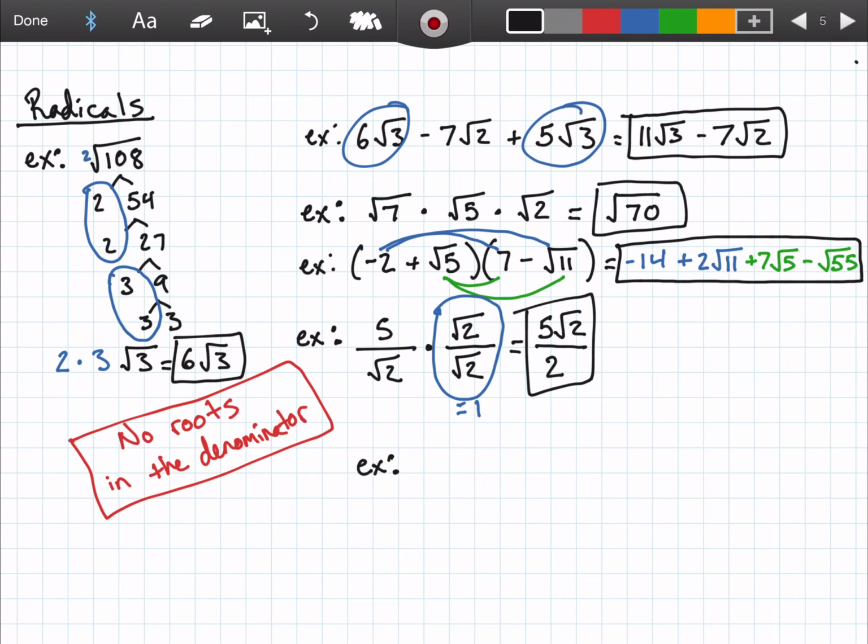Let's do something a little bit more challenging. Let's say I have -2 over 4 minus square root 3. Let's bring back a word you're afraid of. Conjugate.